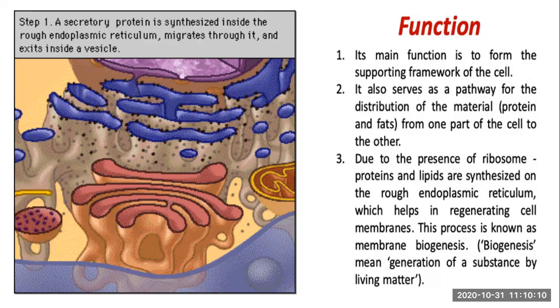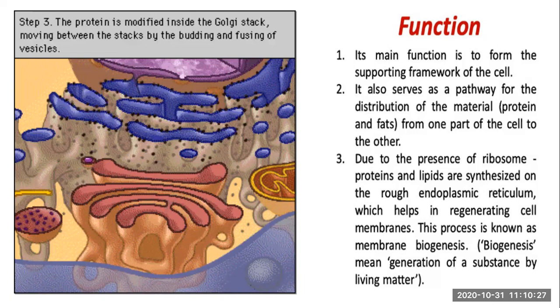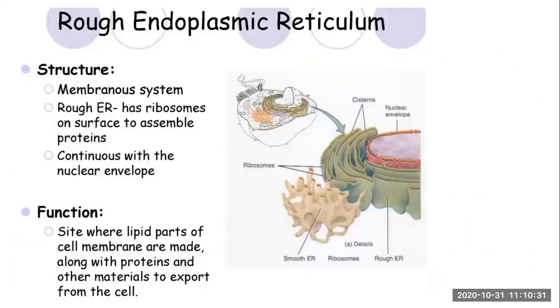So with the help of this endoplasmic reticulum, the new cell can regenerate the cell membrane or plasma membrane. So a new cell can be formed with the help of this endoplasmic reticulum. So these are the different functions.